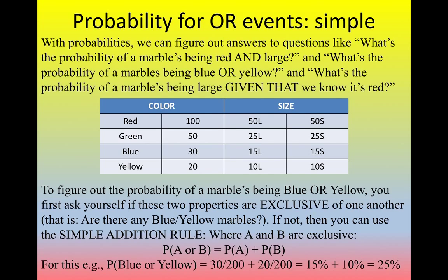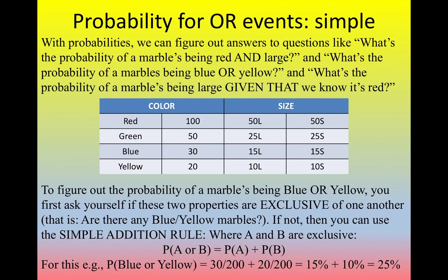So in the case of the simple addition rule, where we have mutual exclusivity, the only way that the or event is going to be true is just if A happens by itself or if B happens by itself. So we can calculate that by just adding those 2 probabilities together.